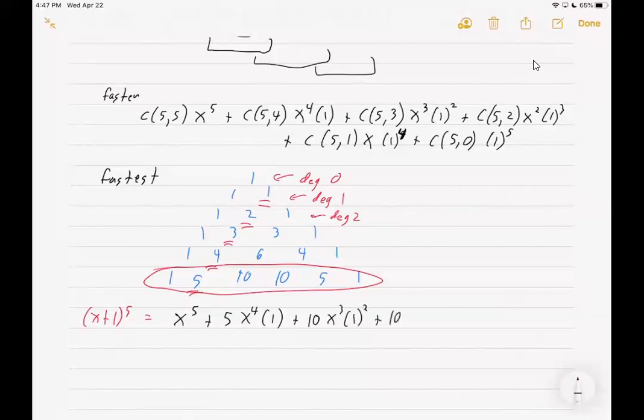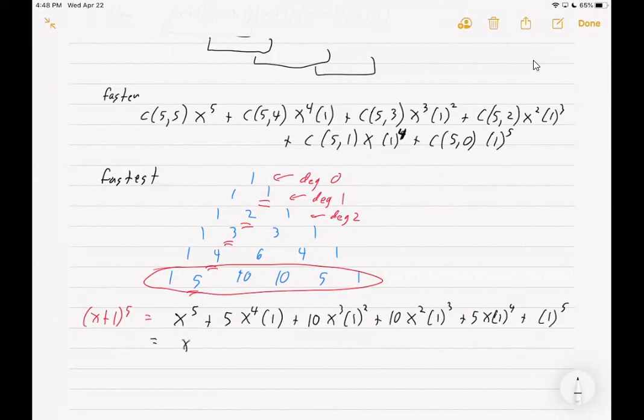Then we have another 10, and we will take 2 factors of x. We take one factor away and add a factor of 1. And then we have a 5. We're down to 1 factor of x and 4 factors of 1. And then finally, we have 1 times 5 factors of 1. Now, it's just cleaner not to write in the 1s to any power.